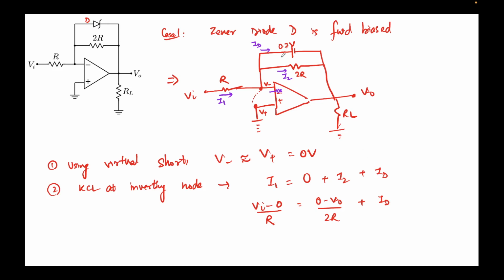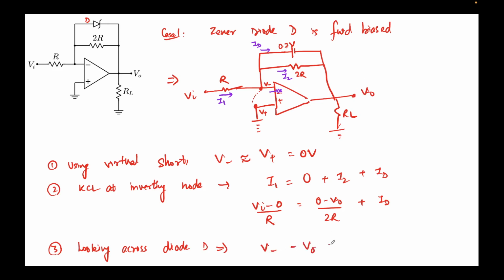But even before that, you can clearly see from this that if I apply KVL, looking across diode D, its P terminal is connected to V minus and its N terminal is connected to V0.